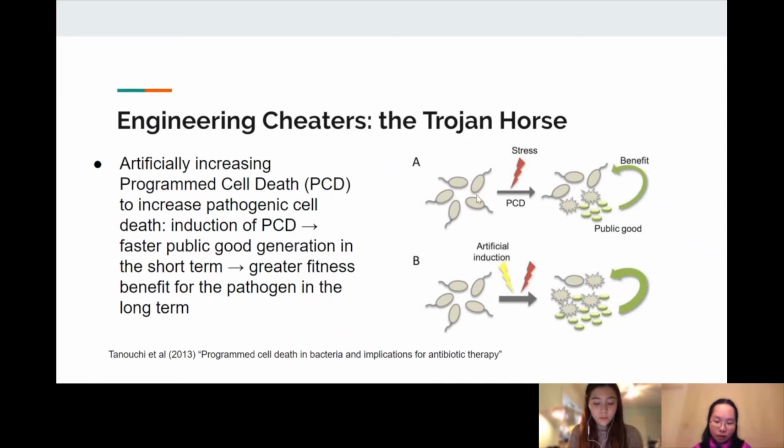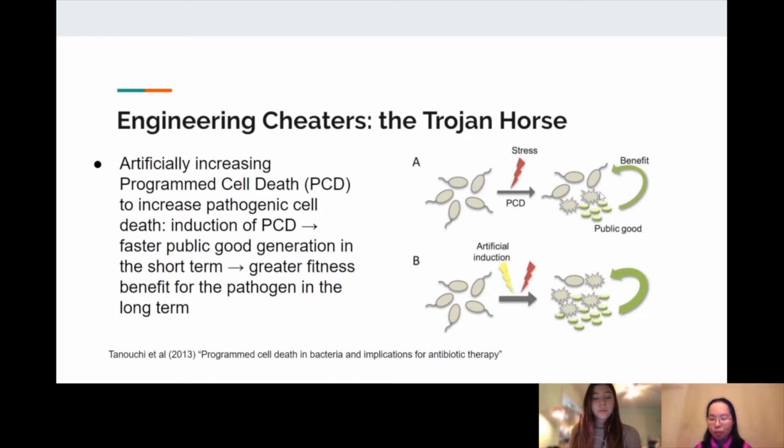So when cells undergo stress, cells naturally can go through programmed cell death, in which some of the cells automatically just die. The reason they die is because they're able to produce some factor, whether it's a small molecule or something else, that benefits the remainder of the community. Under these stressful conditions, the bacteria typically don't survive if they all just try to survive.